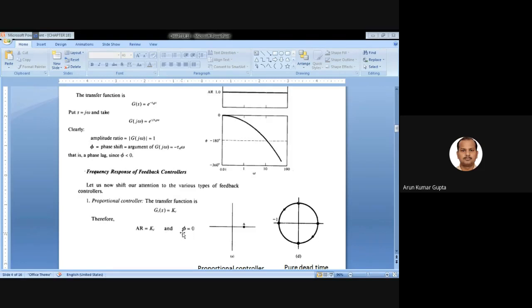Phase angle will be the imaginary part divided by the real part. There is no imaginary part, that is 0, so the phase angle is also 0. So if you take the Bode plot of the proportional controller, you will get a simple dot, where the phase angle is 0 and the amplitude ratio is constant, that is K_C, right?